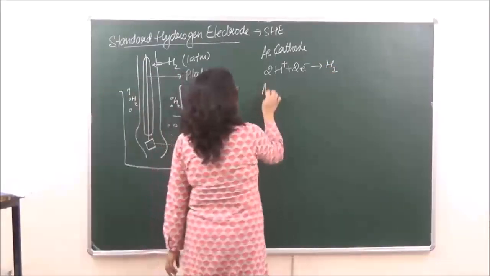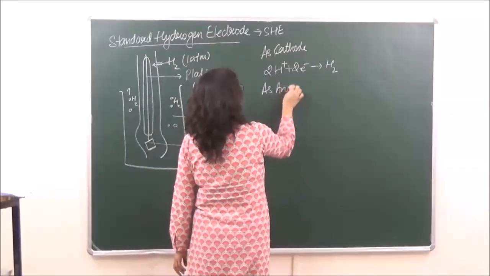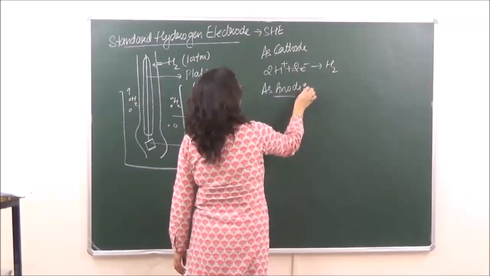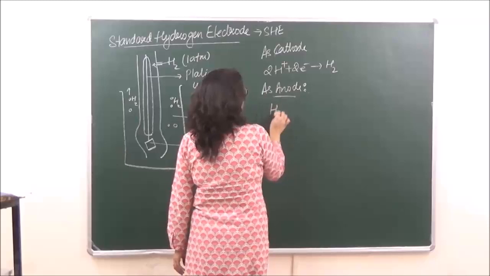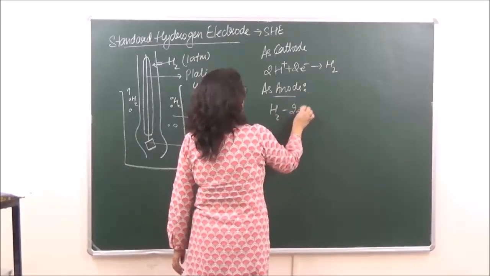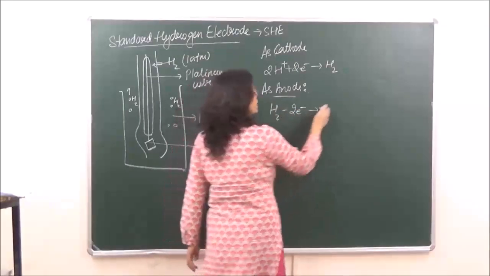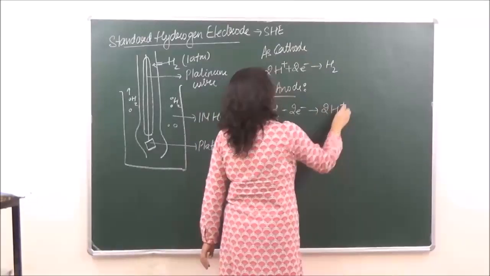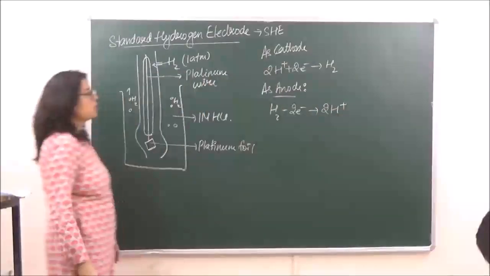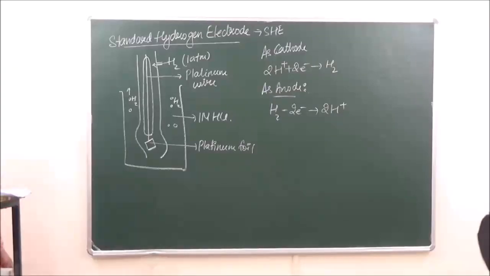And when we are taking this as anode, then we have an opposite reaction in which H2 is losing 2 electrons to give us 2H positive. Okay, is it clear? So this is the standard hydrogen electrode.